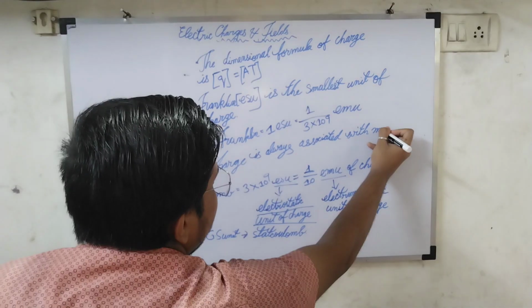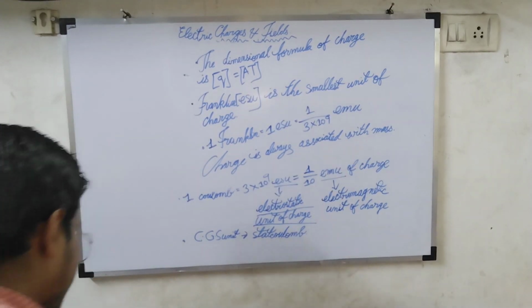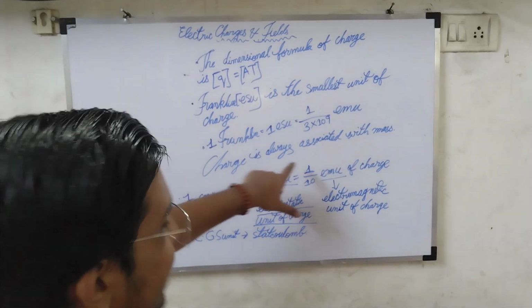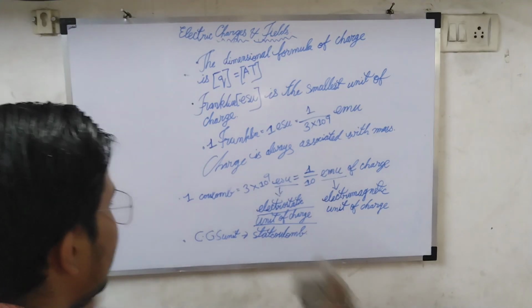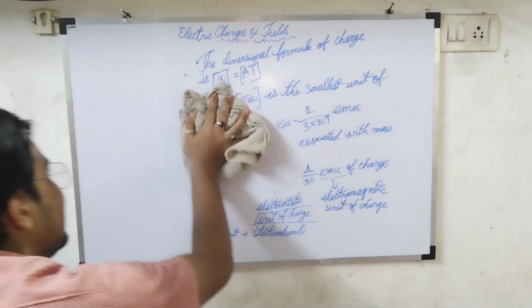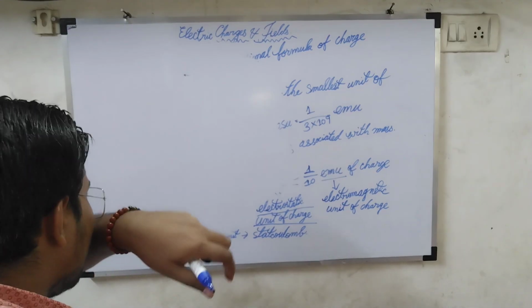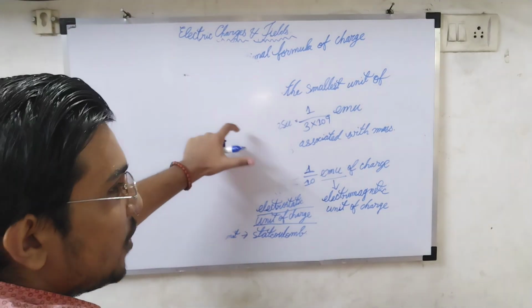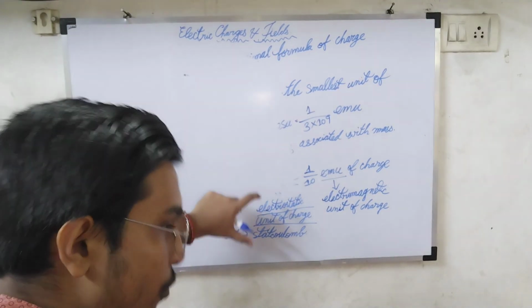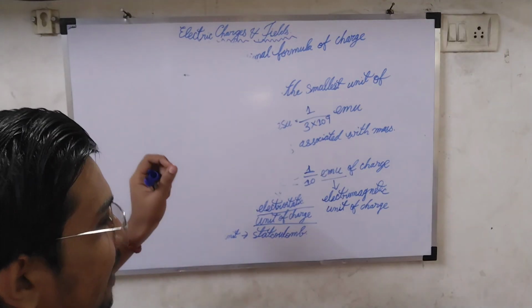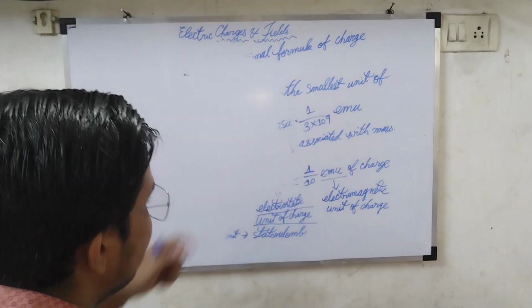Another point to come, that is how mass is associated with charge. For that I need to rub it. Again I am rubbing it. If you are not able to cope up with my flow, you can stop the video, write it, and then start it again.